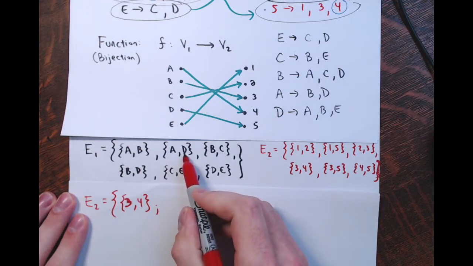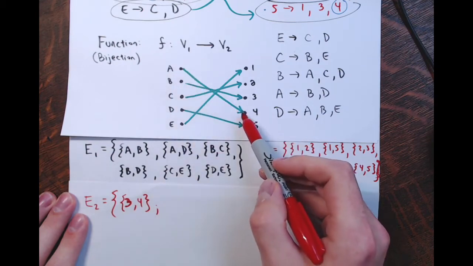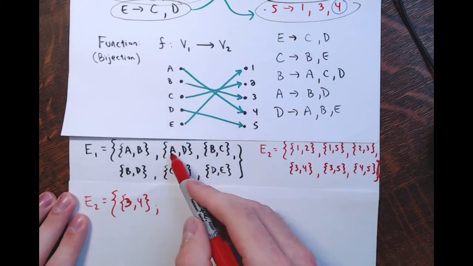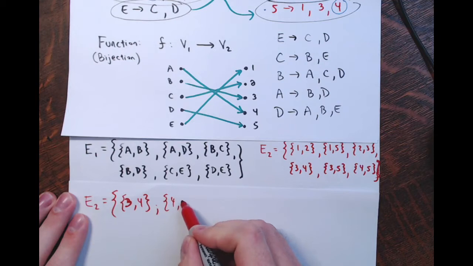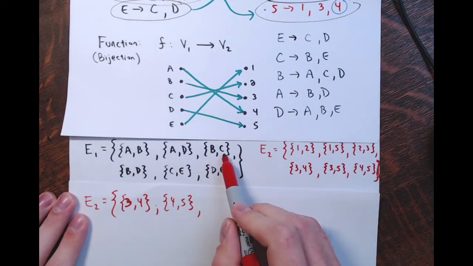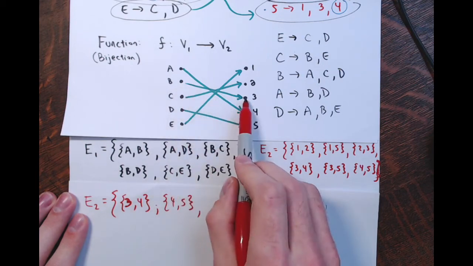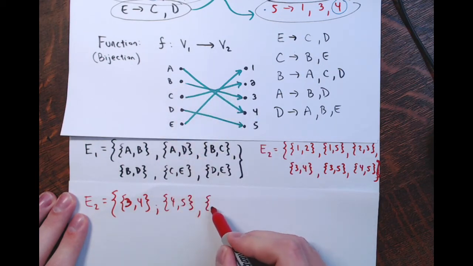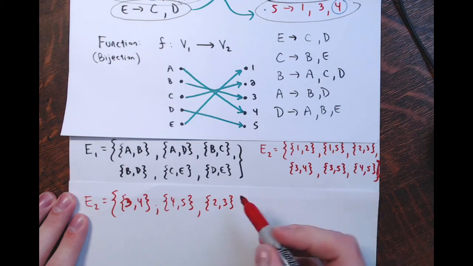AD, A went to 4, D went to 5. So this corresponds to the edge 4, 5. BC, with this mapping, 3, 2, so corresponds to the edge 2, 3. 3, 2, same thing.